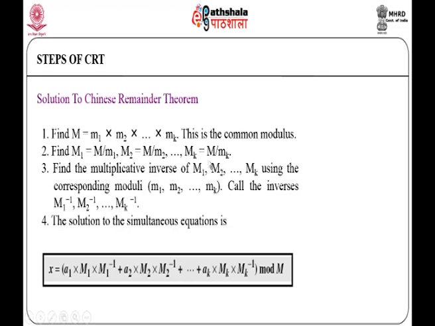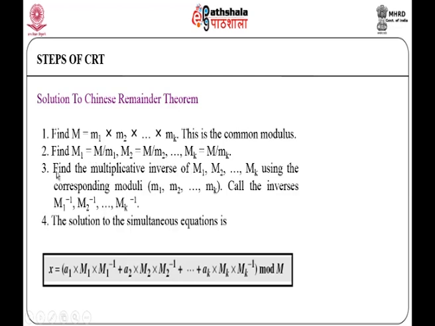So, this is the second step. First we need to find the common modulus. In this case, we have to multiply 3 into 5 into 7. Then, after getting the value, we divide it by m1, m2, m3 to get capital M1, M2, like that. That is step 2.